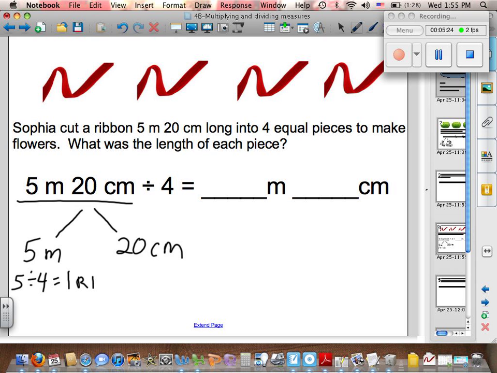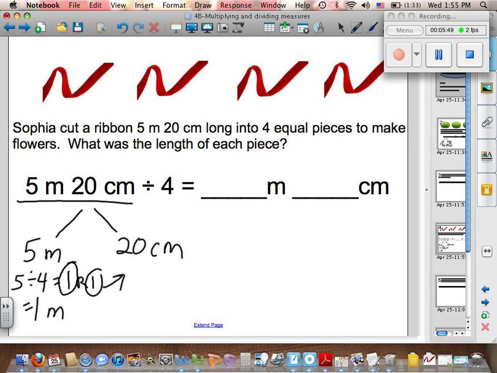We know that 1 gives us 1 meter for the share of one of the pieces that she cut. And then if we have 1 meter left over, we are going to have to exchange that 1 into centimeters. If you remember, there are 100 centimeters in a meter.